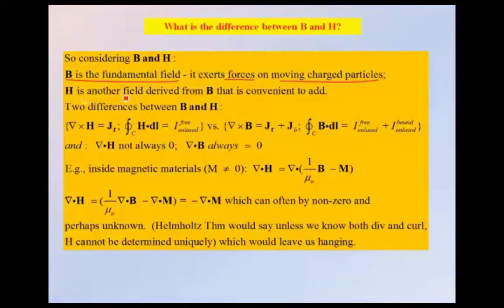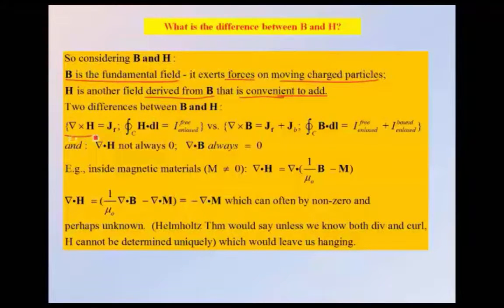H is another field which we derive from B and the magnetization M, and this is convenient to add to our collection. So two differences between B and H are that the curl of H is only dependent upon the free current density, and that the line integral of H about some path C is equal to the free current enclosed.